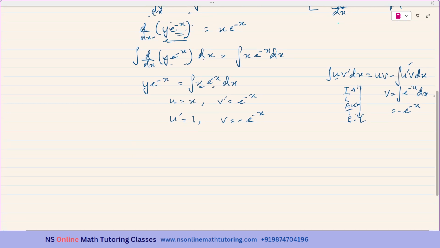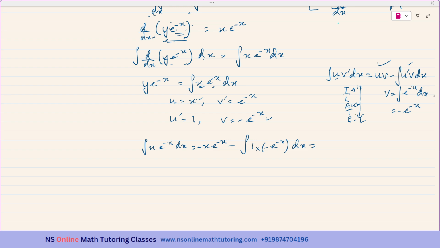And then I will be using this formula. So the integral of x e to the power of negative x dx is equal to uv. U is x and v is this. So this is minus x e to the power of negative x, and then minus the integral of u dash, which is 1, and v, which is negative e to the power of negative x, dx.